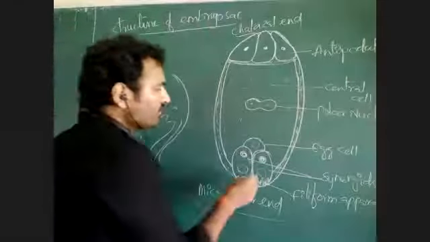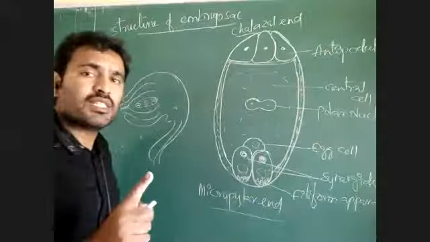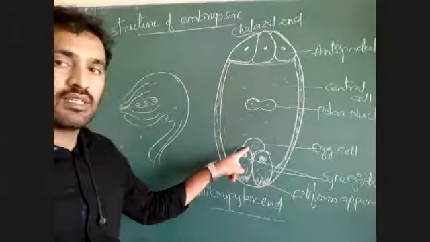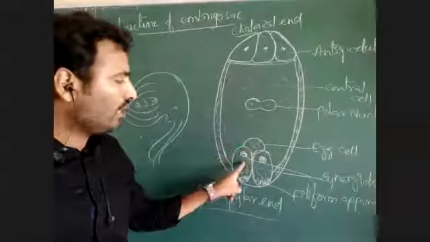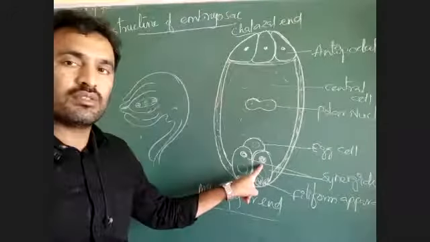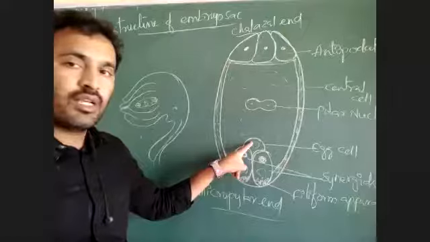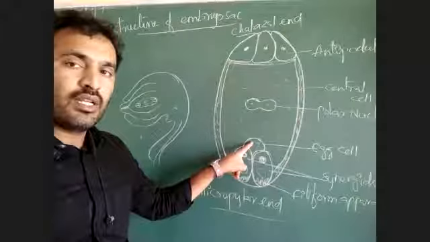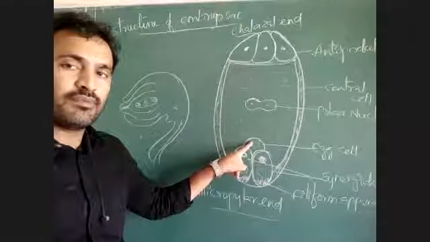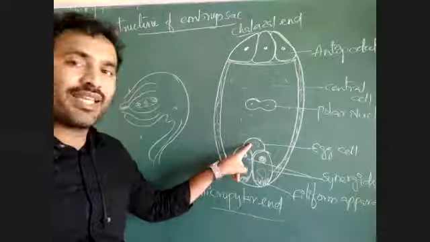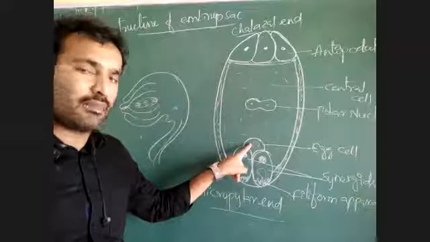Then the egg apparatus. The egg apparatus is a very important part. It has three cells, one egg cell and two synergids. The egg cell is the female gamete, responsible for fertilization. It combines with one male gamete and forms the zygote, that is syngamy.